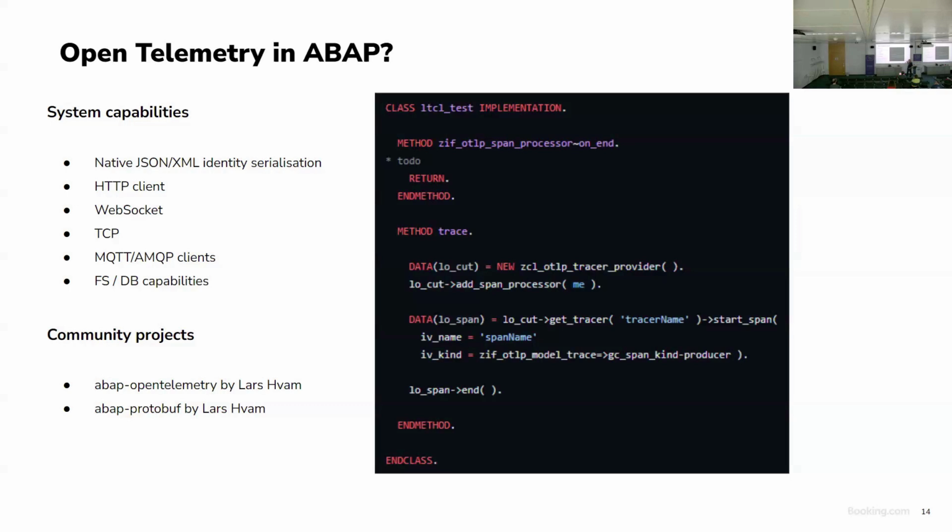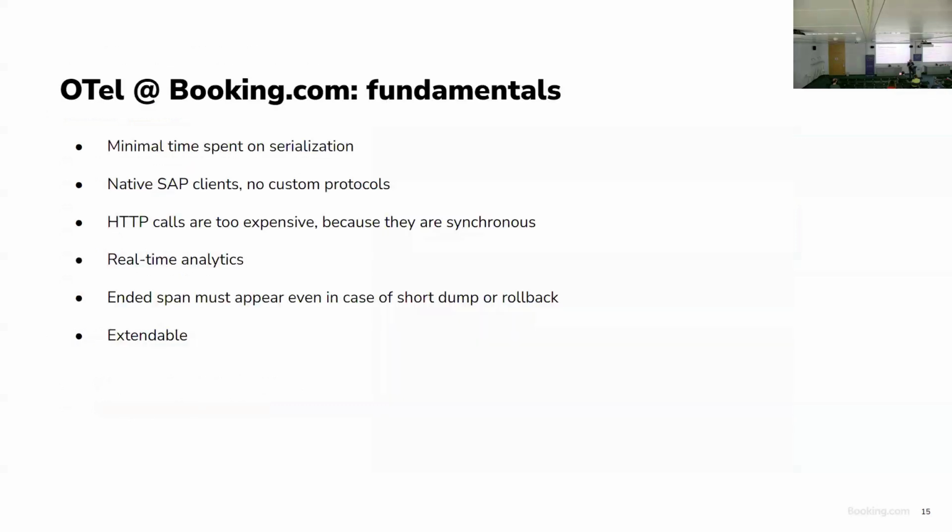He only proposed the idea, so that we can use a class like this. We start a new provider, we add the span processor. Then in that span processor, we create a tracer. We start a new span with this name, with this kind. We end the span, and we need to implement our exporter. So that was the idea.